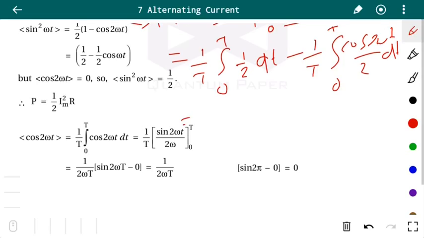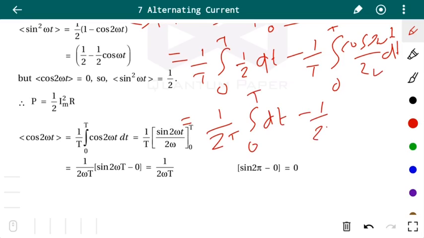Now taking 1 by 2 outside, that is 1 by 2T integration from 0 to T dt, minus, taking this 2 outside, we get 1 by 2T integration from 0 to T cos 2 omega t dt.